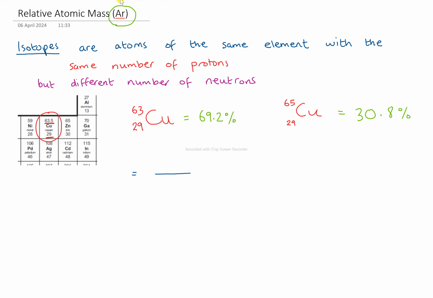What you do, draw a big line and you multiply 69.2 by this relative atomic mass number 63, and then you add this percentage multiplied by 65, and then we divide it by 100 because we've got 100%.